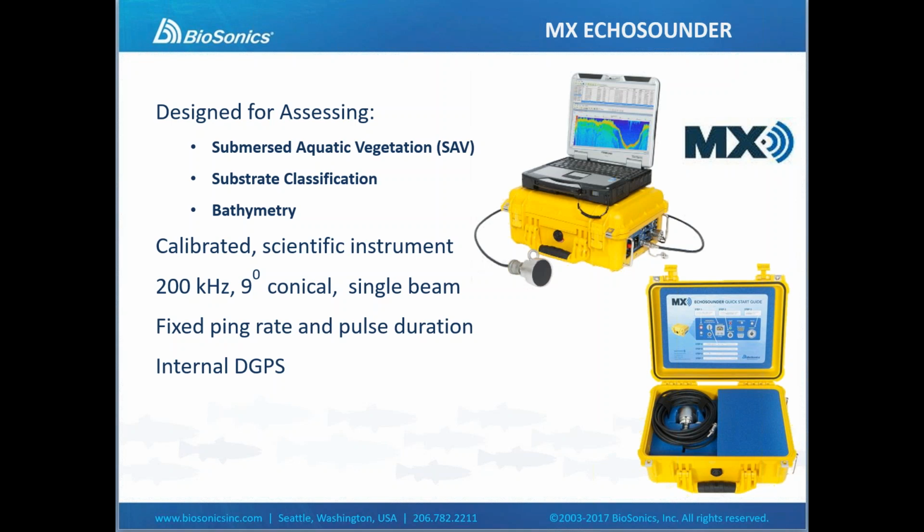With the MX system, we ping it 5 times a second, and it emits a pulse of 0.4 milliseconds. And the MX comes with an internal DGPS with the option to connect an external GPS if you desire. There's a port, you simply connect your cable from your GPS, flip the switch to external, and then you can use your high accuracy survey grade GPS if you like.